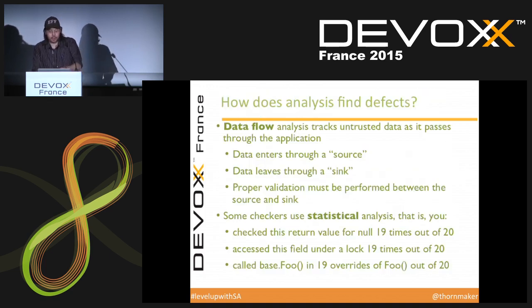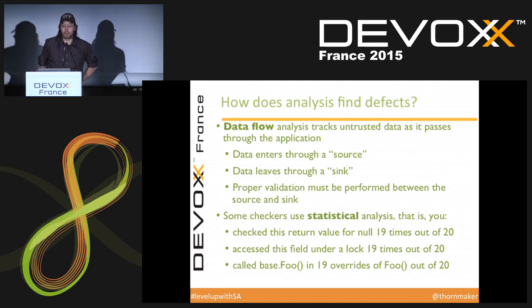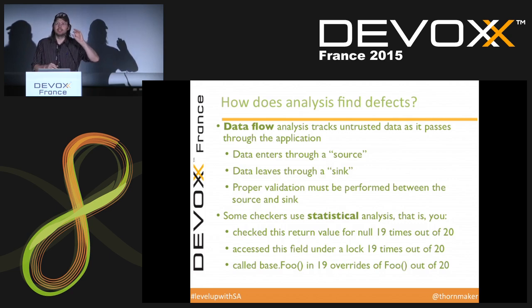Before I move on, though, I wanted to go back to this slide to talk about one other type of analysis checker that we have, and that's statistical analysis. If you have good pattern matching as you analyze the application, then you're able to find certain constructs in the code that are similar to each other.